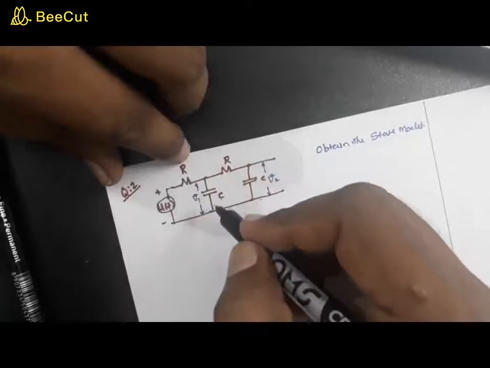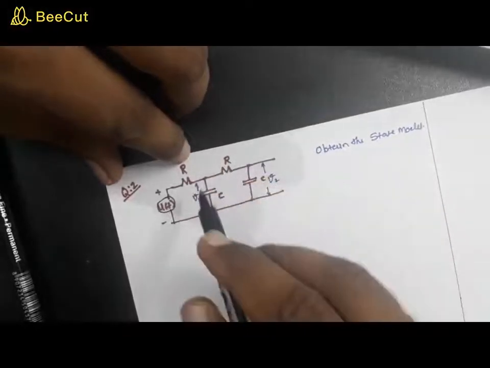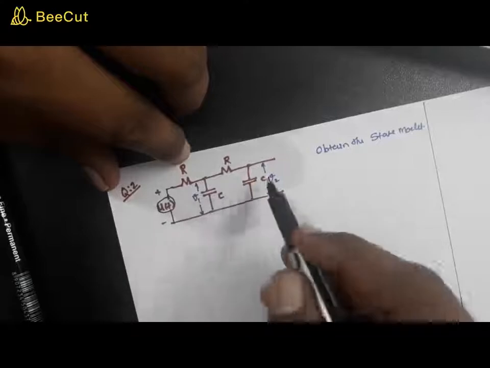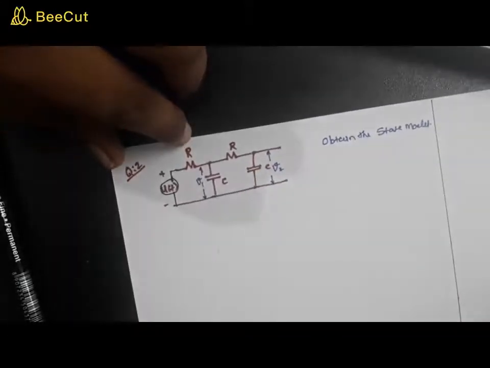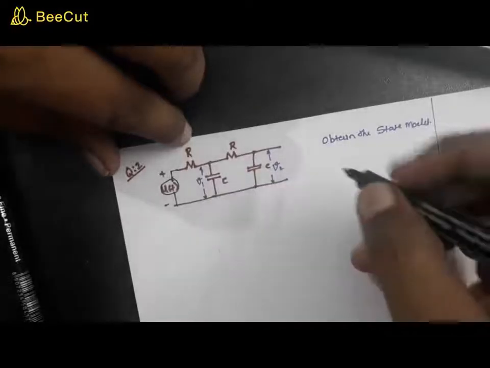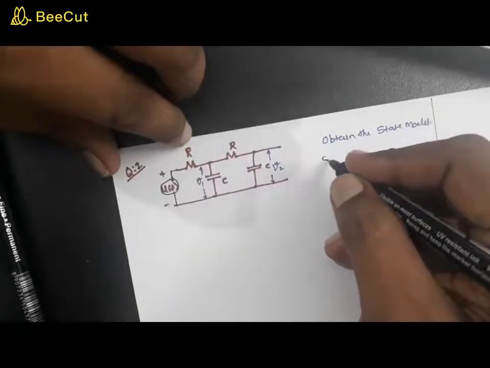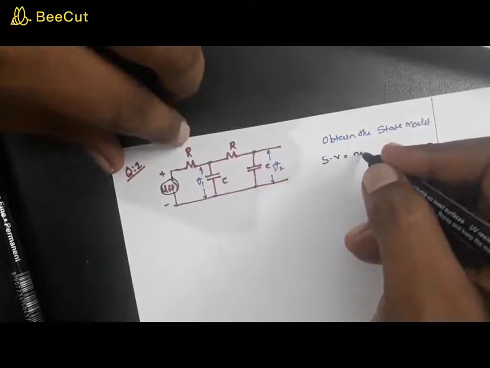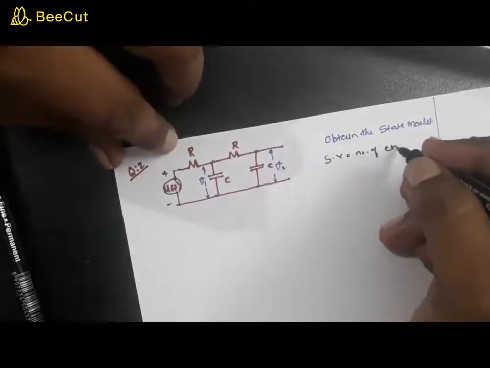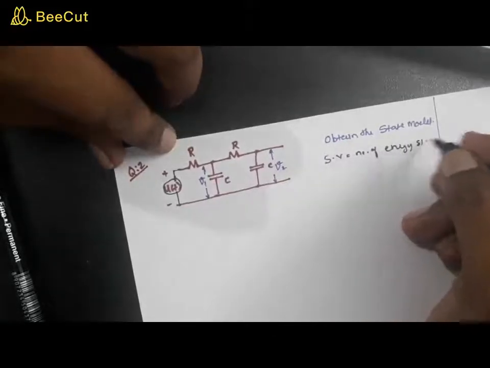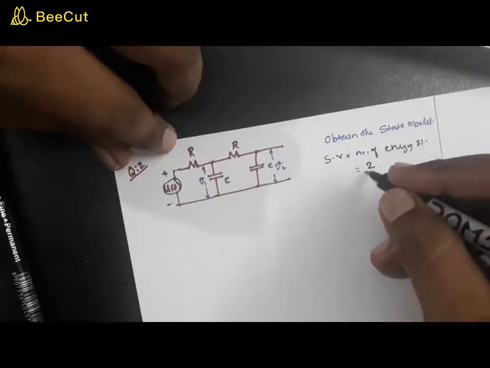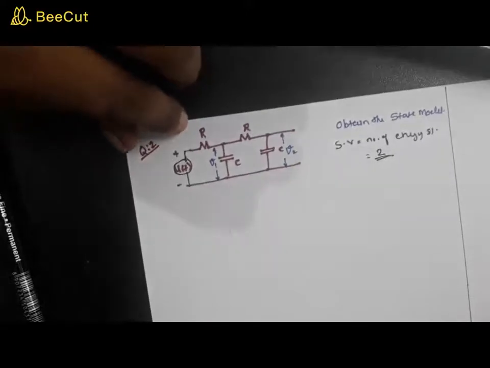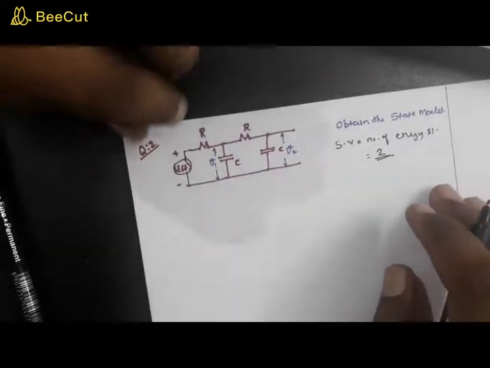Now you have two resistances R like this, and two capacitances. V1 and V2 are the voltages shown across the capacitors. As I told you, the number of state variables always depends on the number of energy storing elements in the circuit, and as you can see you have two capacitors, so the number of state variables is 2.